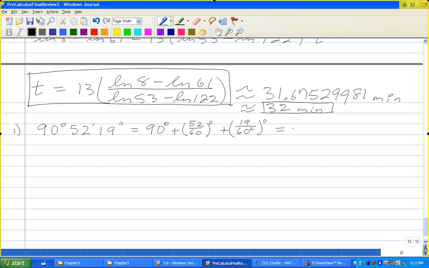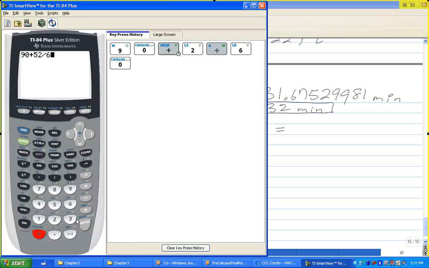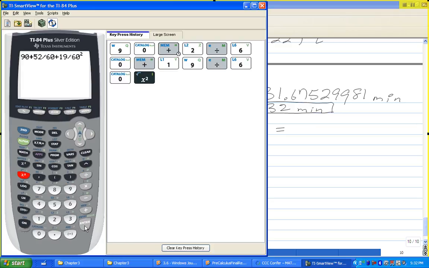And so let's do that. So it is 90 plus 52 over 60 plus 19 over 60 squared. Well, let's first write that as a fraction. Oh, that's a large fraction.